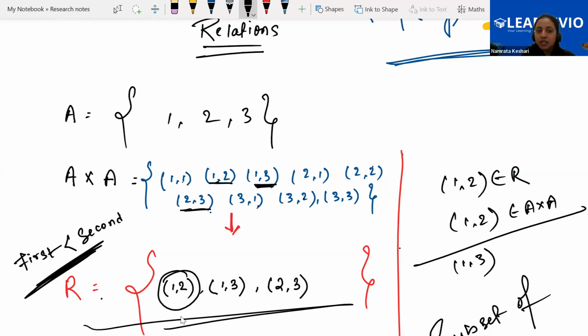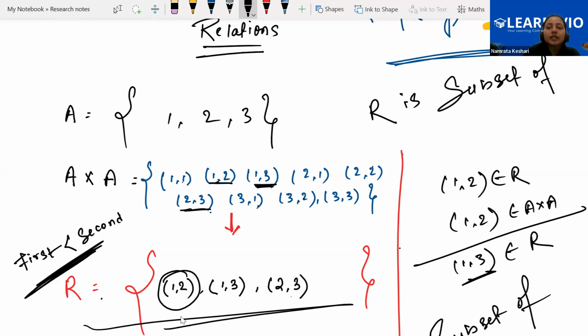The second ordered pair belongs to R and it also belongs to A cross A. 2, 3 belongs to R and 2, 3 also belongs to A cross A. So can we say R is a subset of A cross A? Can we say that over here?